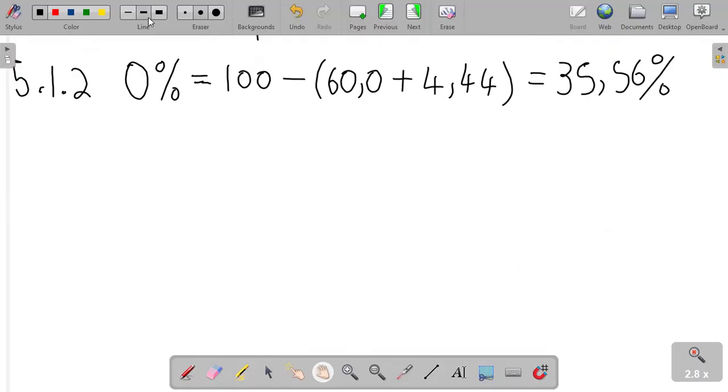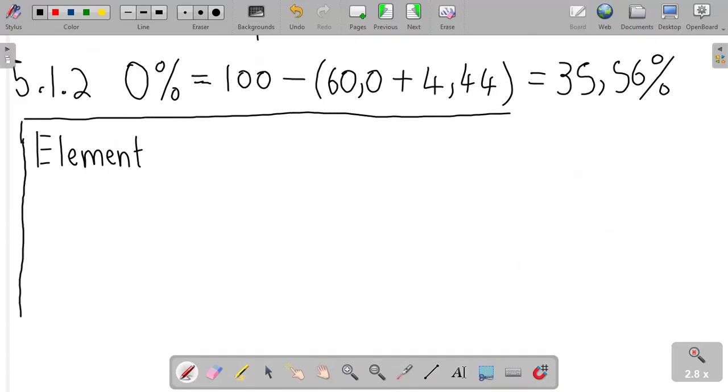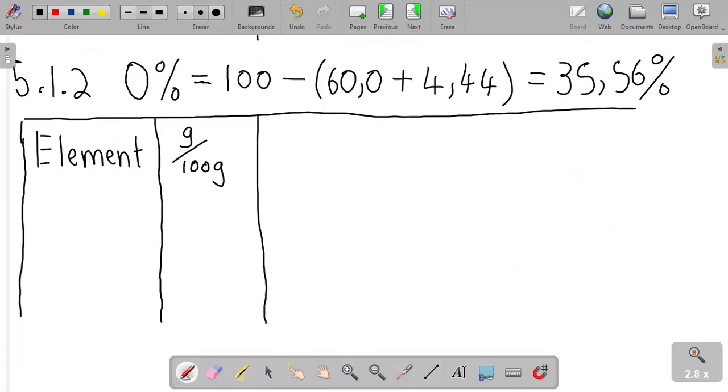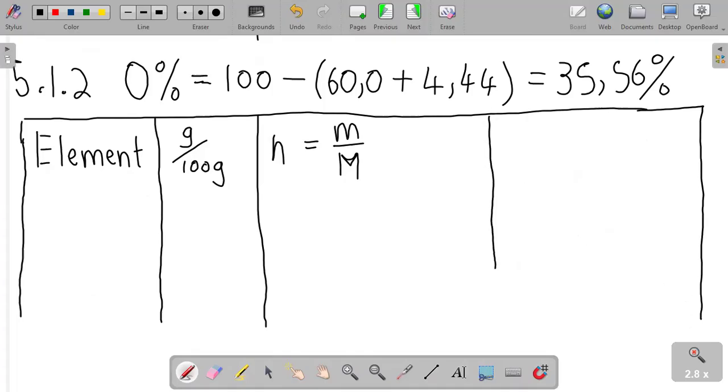So then we write on the element, G over 100G, then N, the number of moles, which is M over M, capital letter here, and then we have the simplest ratio, last column.